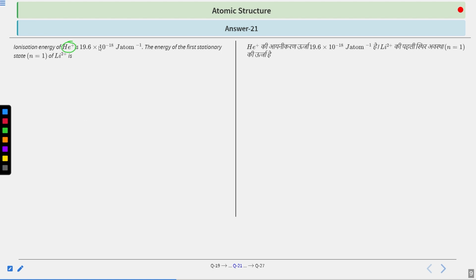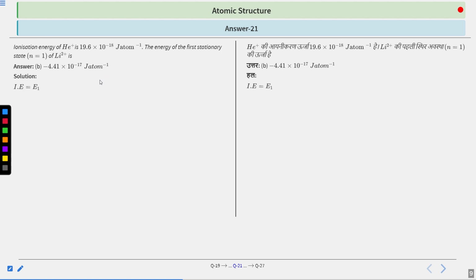We require this much amount of energy. So we have to calculate the energy of the first stationary state for the lithium 2 plus ion. The correct option is B, which is minus 4.41 into 10 to the power minus 17 joule per atom. So this is for those who have solved it.